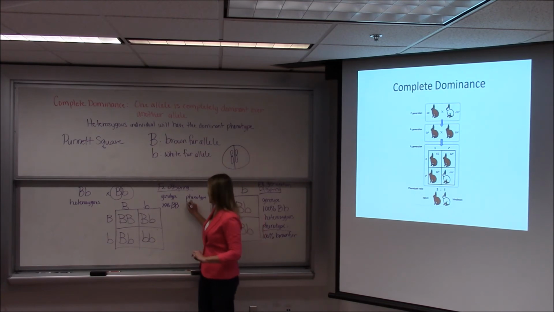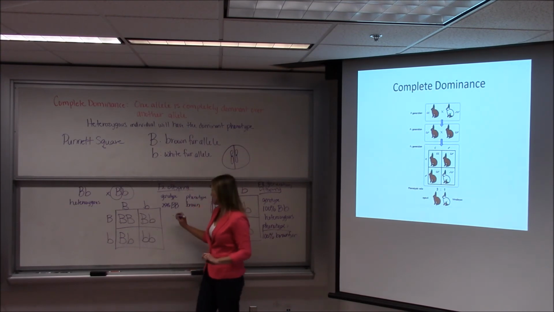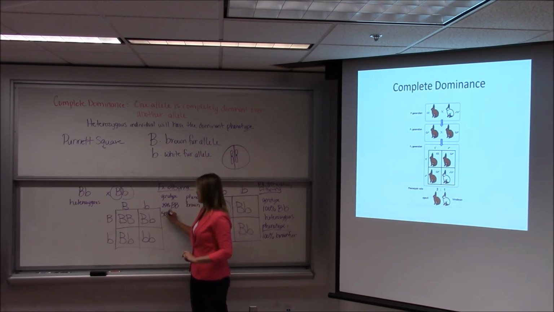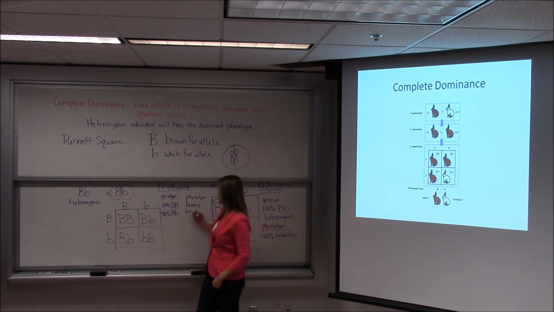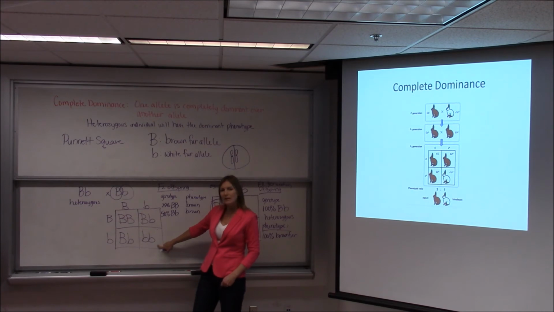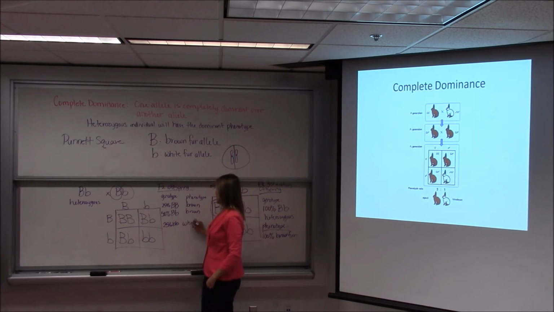They're going to be brown. 50% are heterozygous. Big B, little b. What color are they? They're also brown. And then 25% homozygous recessive. Those are our white babies.